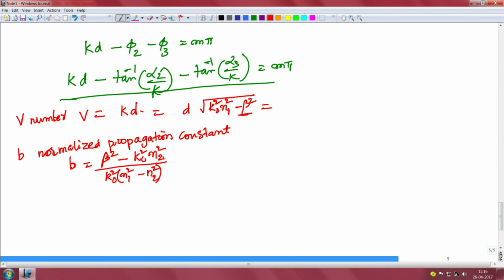But before going further, let us simplify this further to write it in terms of b and n1 square minus n2 square. So, I will add and subtract k0 square n2 square.